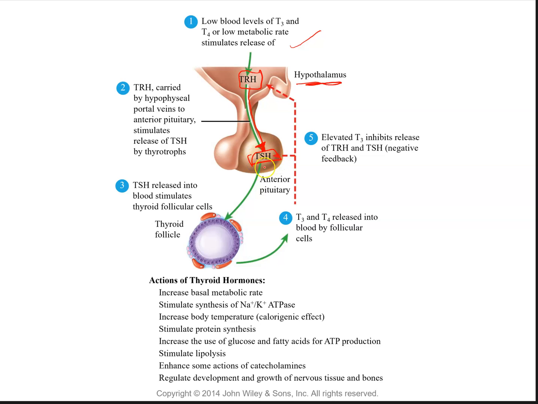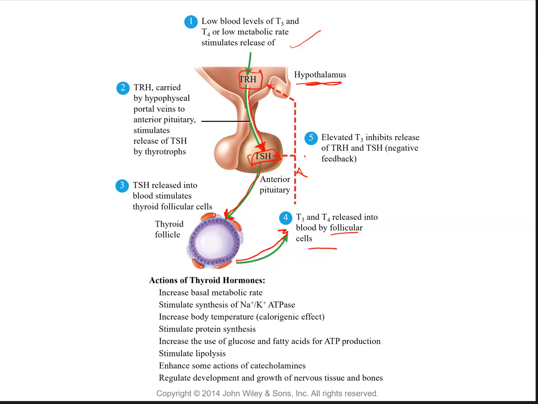Now, once the thyroid stimulating hormone dissolves in blood and reaches the thyroid gland, it synthesizes T3 and T4 thyroid hormones by the follicular cell. And by doing this, it elevates the levels of T3 and T4 in the body.